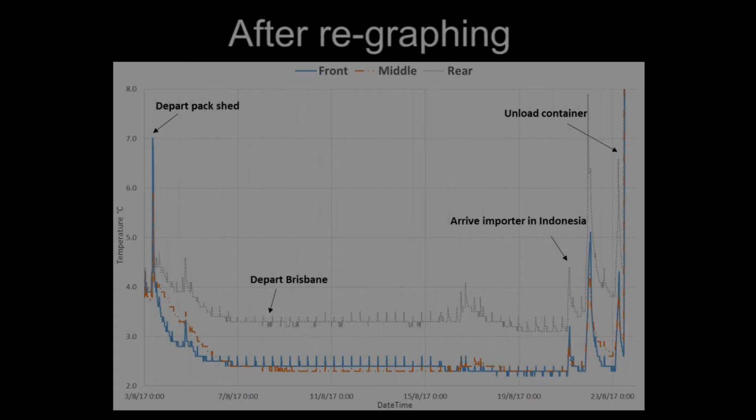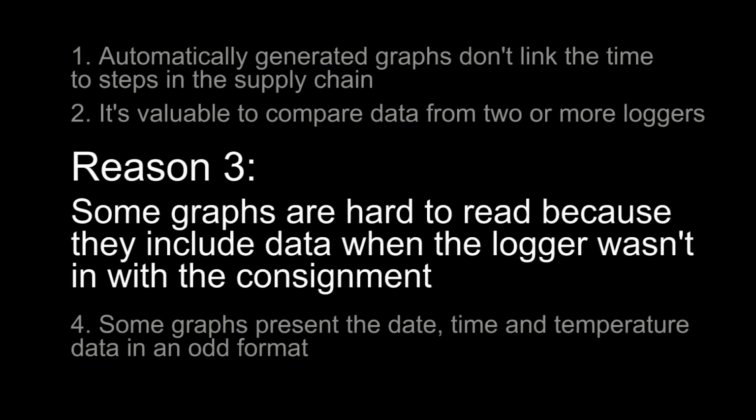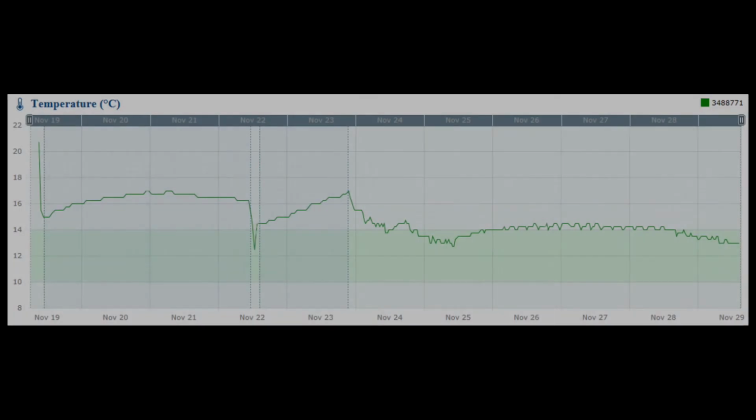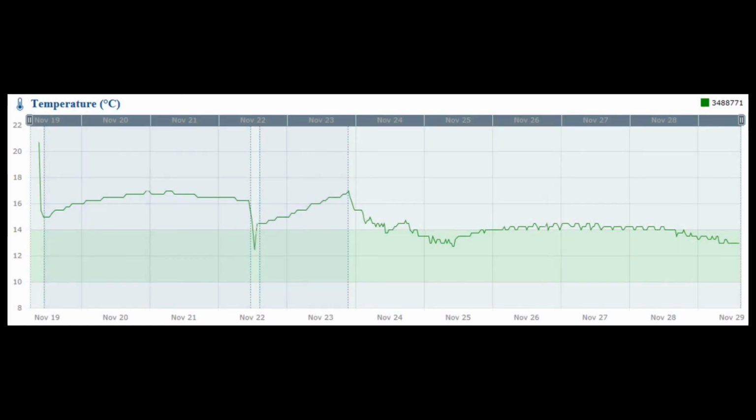The third reason to consider regraphing is some graphs are hard to read because they include data when the logger wasn't in with the consignment. Automatically generated graphs from both PDF files and manufacturers' websites will display all data they collected. However, these always include data before logger insertion and after logger removal from the consignment.